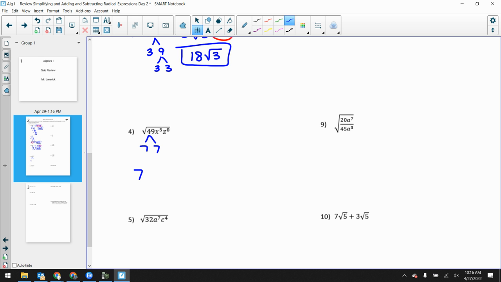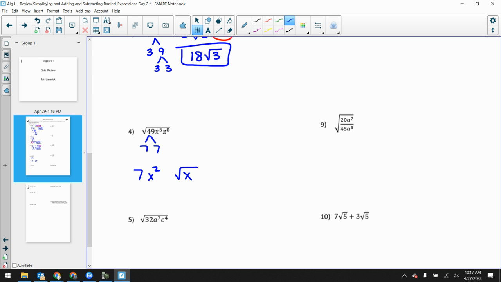Can somebody tell me the rule for a variable? I guess you would go to the even number and then cut it in half. You can cut everything in half. Cut the x in half. Cut the 5 in half, right? The 5 in half goes to 2.5. Yeah. 2.5. 2, and then the 0.5 means there's one remaining on the inside.